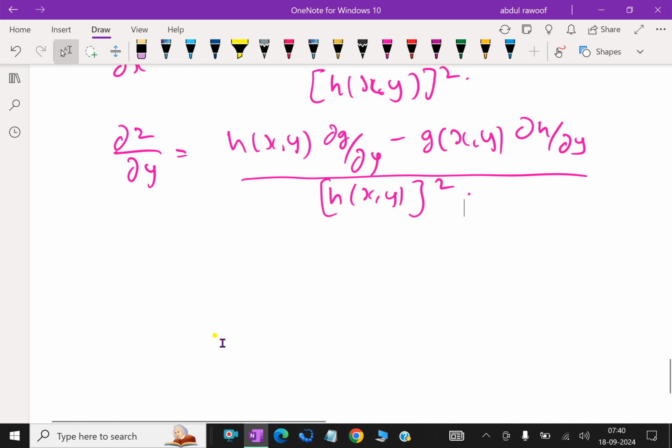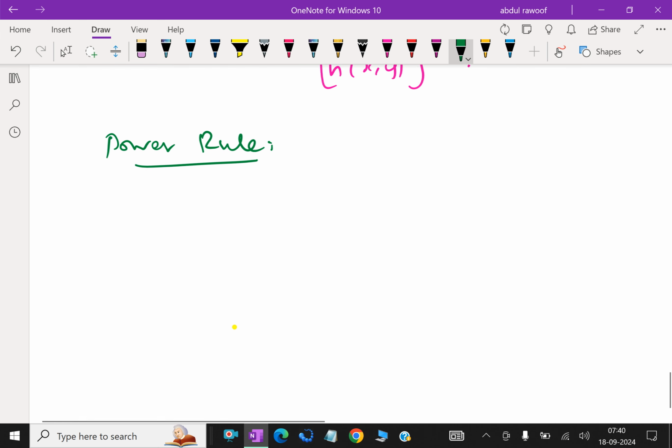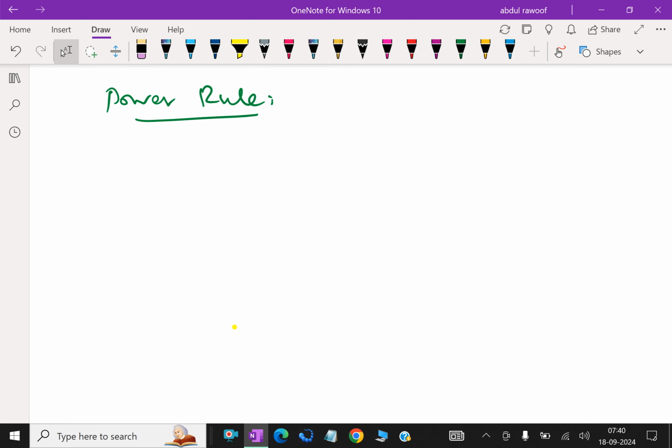Now next one, the generalized power rule. Now consider z is the function g of x comma y power n, where n is any real number.